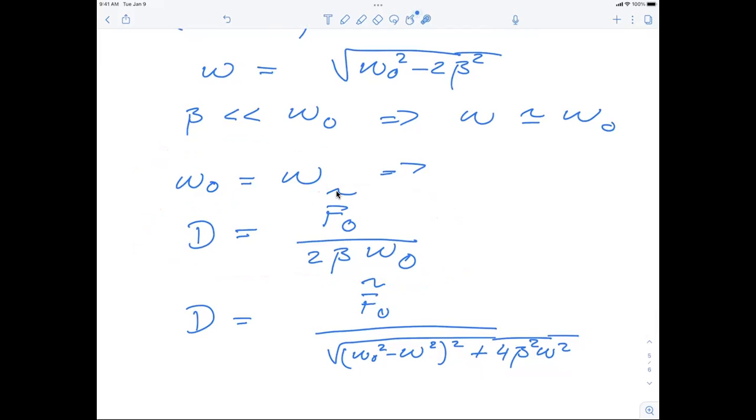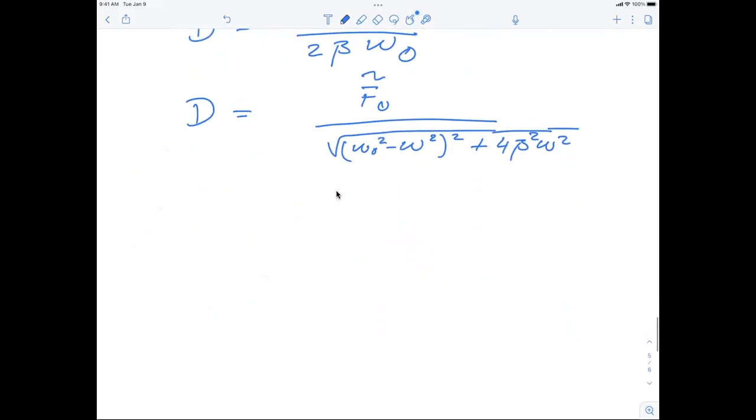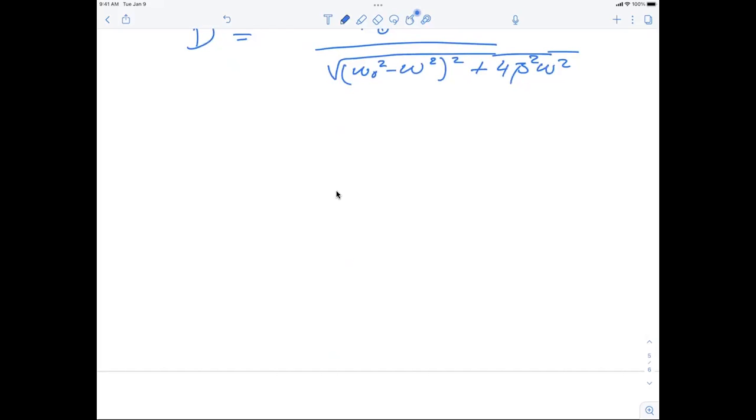Now, this does not need to be the case, because you may have a beta which is not much smaller than omega 0. But even then, you will see a maximum which is pretty close to the driving frequency being equal to the natural frequency of the system. Now, the kind of situation which you will often encounter is something like this.